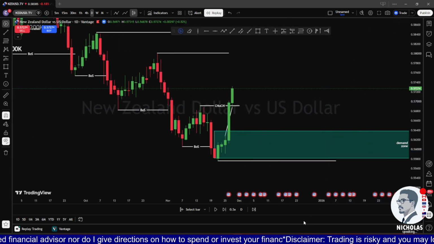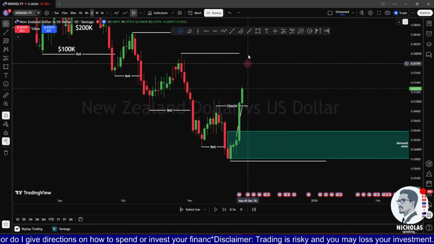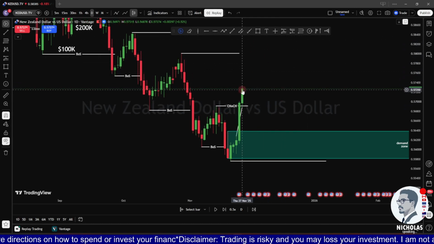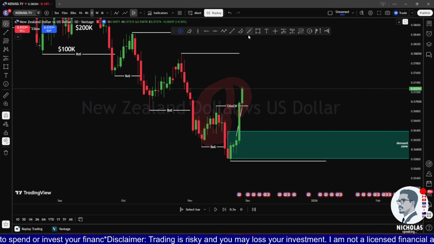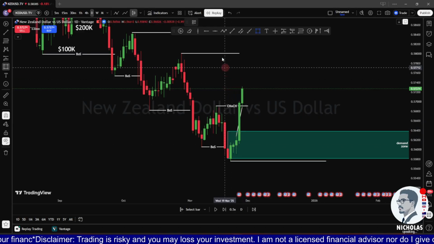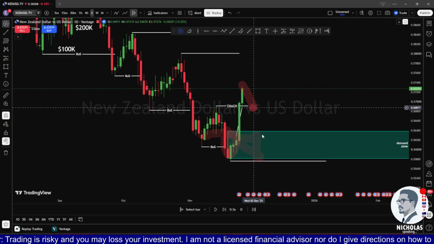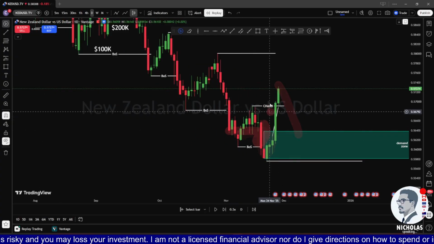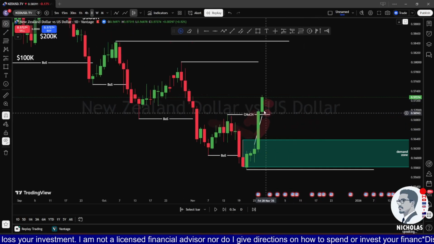Now, where does inducement come in? What is an inducement? What is engineered liquidity? Engineered liquidity or inducement is that price recreates this whole scenario without, number one, taking out this other block. So without mitigating this other block at all, if price recreates this scenario above this other block, it can do this.